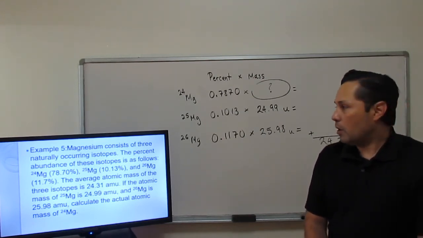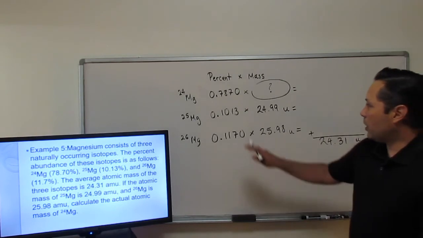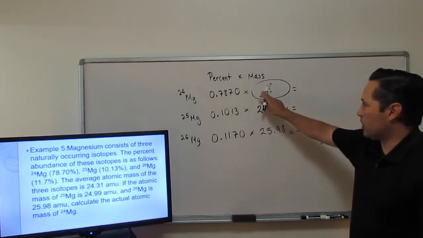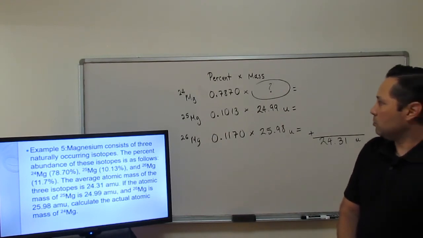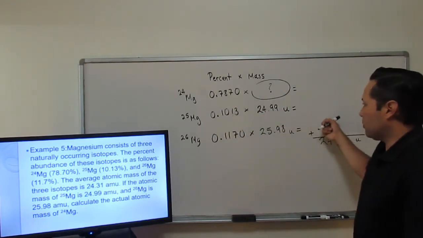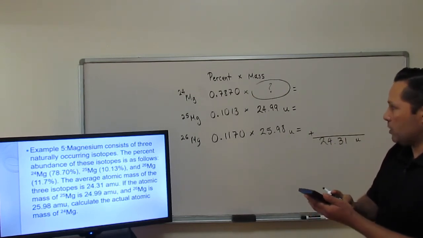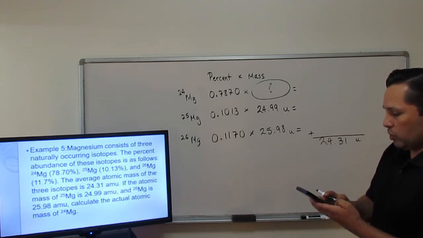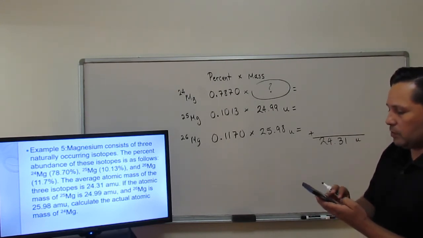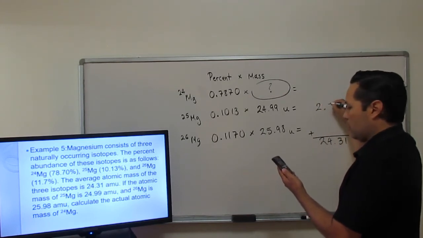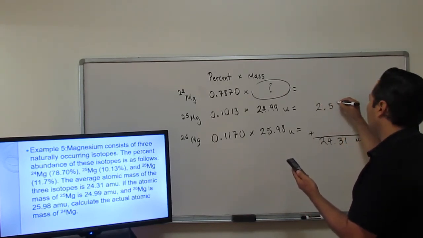Alright, so we're going to start. In this problem, I want to get these answers and figure out what this is, and that's going to give us that. So I'm going to multiply here and put the answers there. The first one is 0.1013 multiplied times 24.99, which gives me 2.531.